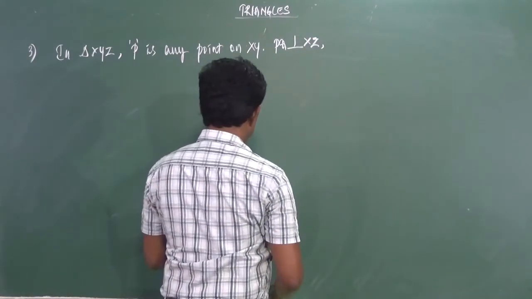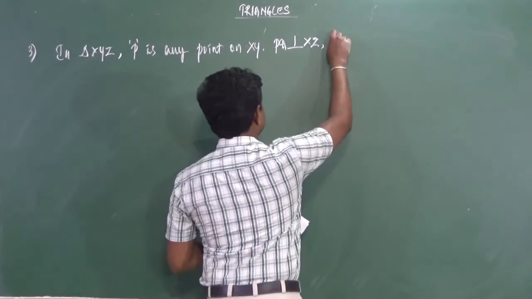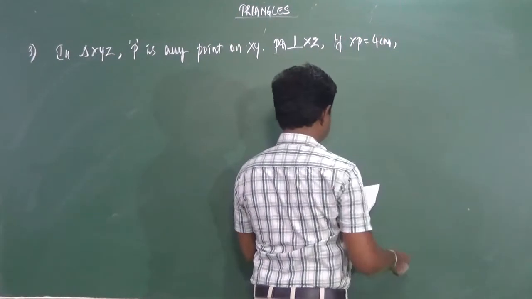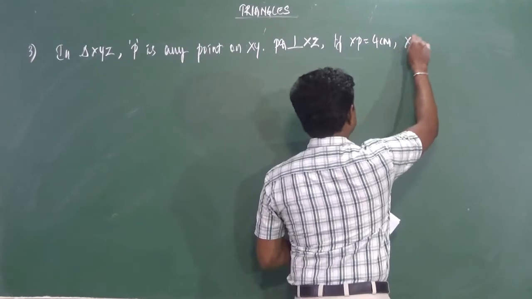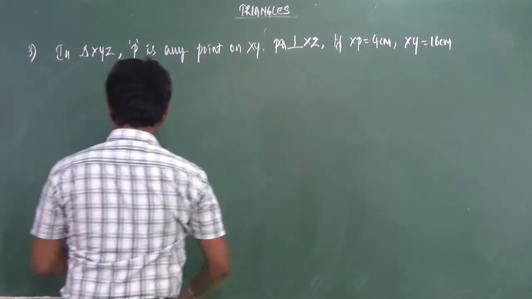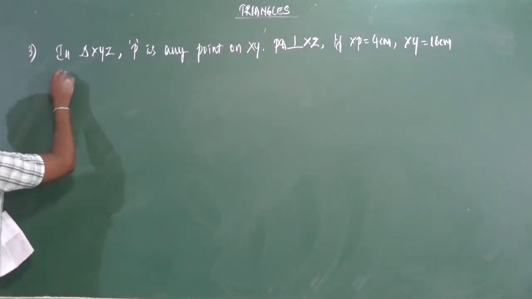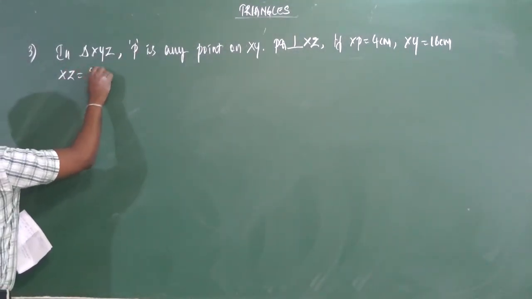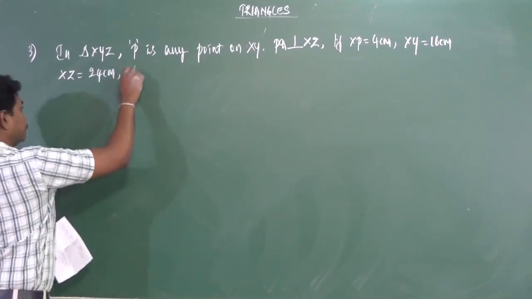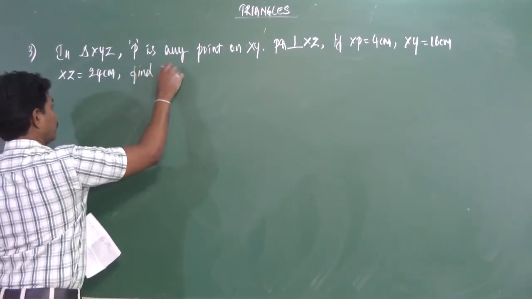Very important. If XP is equal to 4 centimeters, XY is equal to 16 centimeters, XZ is equal to 24 centimeters, find XQ.